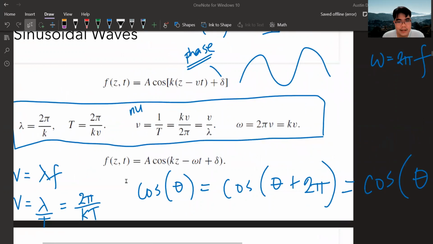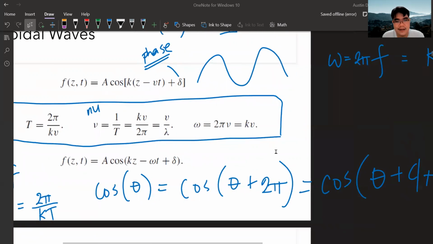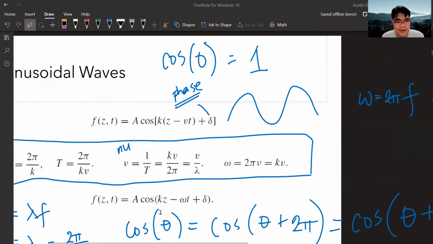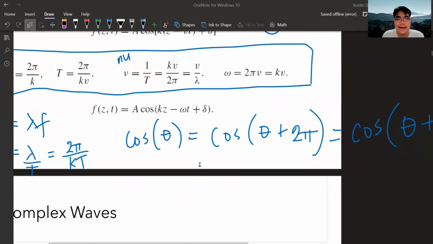Kung nagtataka kayo, sa mga early physics courses nyo, bakit ba omega dito? Bakit hindi na lang frequency, di ba? Dyan siya nanggaling. Kaya siya omega dito, dahil, nakita nga natin, kvt siya. So, magiging omega siya. Alright. So, this is your wave, how you represent a wave mathematically.